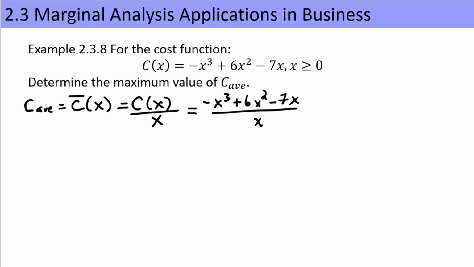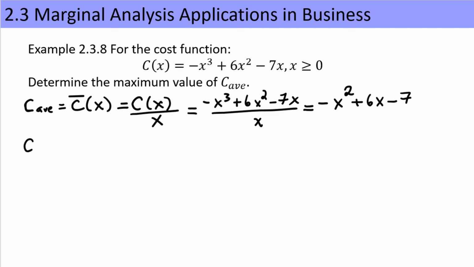Let's do a term-by-term division of each of the terms. Then we get negative x squared. We lose one power because we're dividing by a single x, plus 6x minus 7.